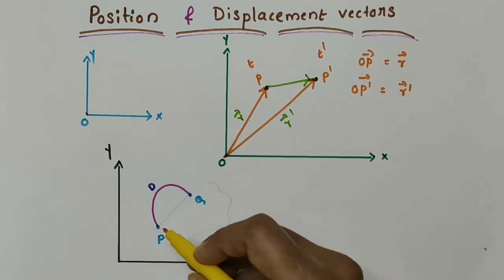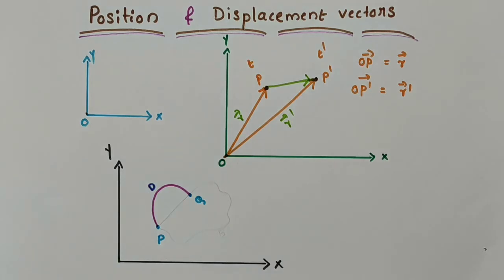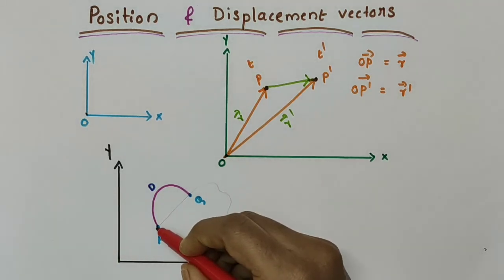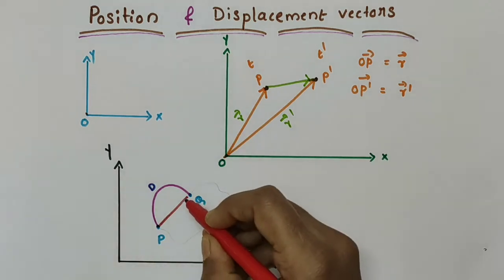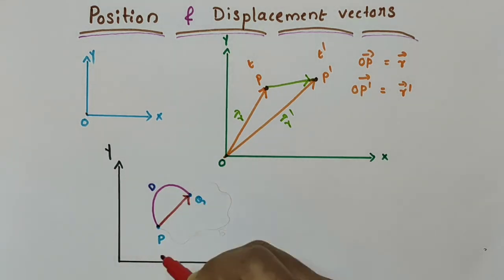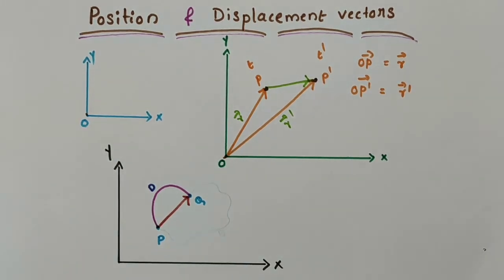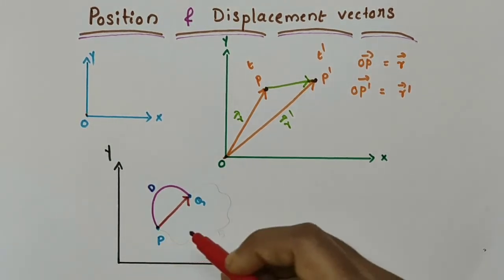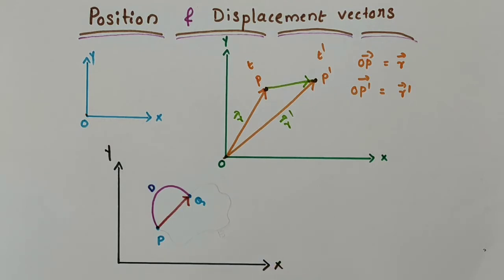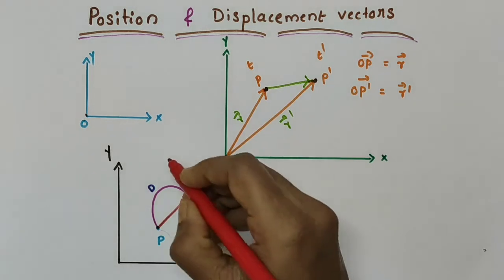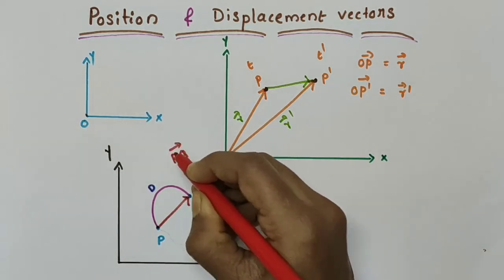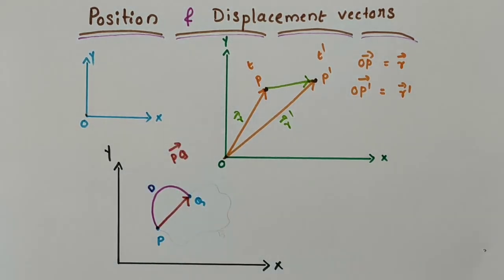So we just draw a straight line from this initial position P to the final position Q. Then we mark an arrow here. This arrow should be directed from the initial position to the final position, because that is the direction of displacement. So here the displacement vector is vector PQ.